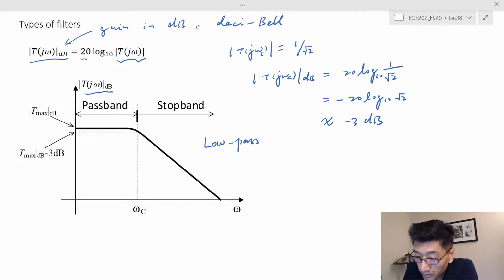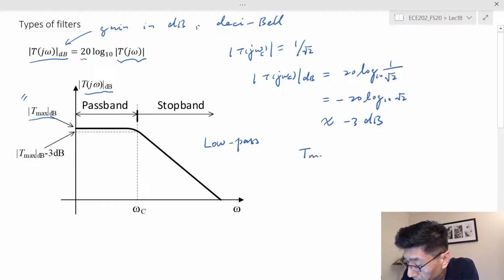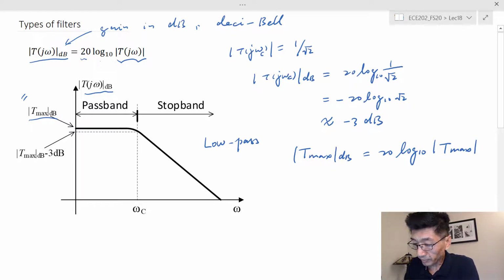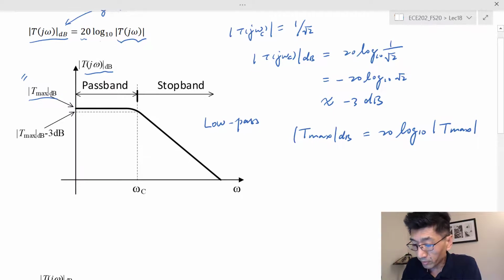In this case, T max in dB, the notation is still the same, is equal to 20 log of T max.